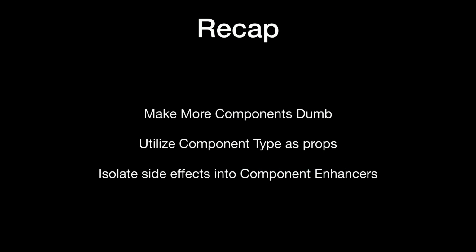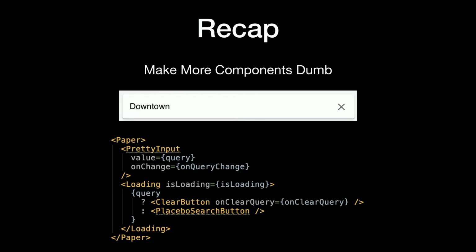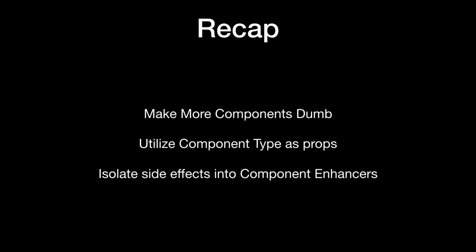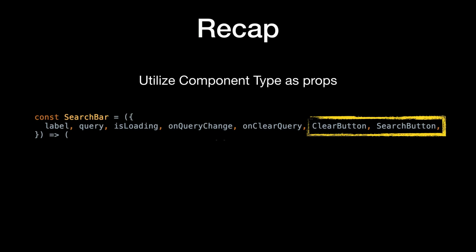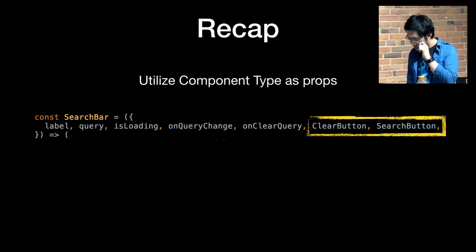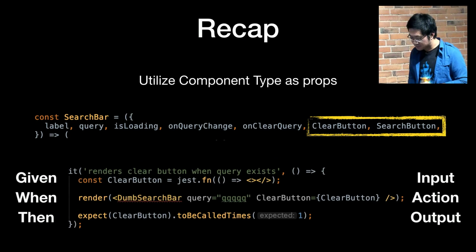So to recap again, we'll make our components dumb by pulling out the markups and have the props passed in, returning the same markup every time. And when we utilize component type as props, it allows us to write tests that look like this. Simple assertions of given, when, then, describing input, action, output.